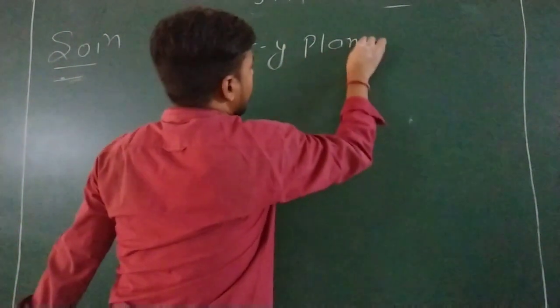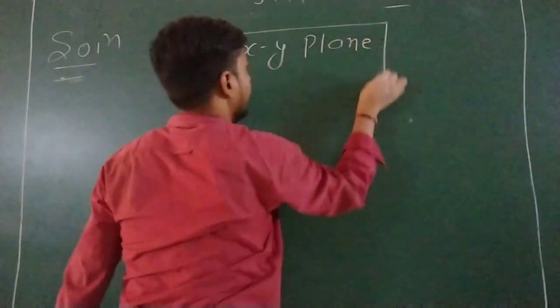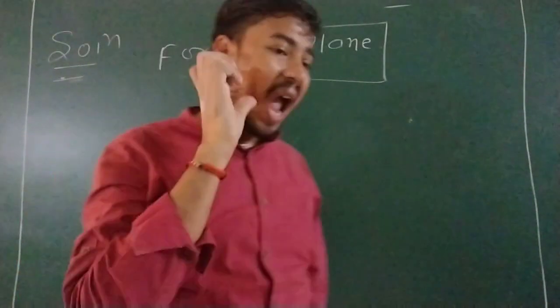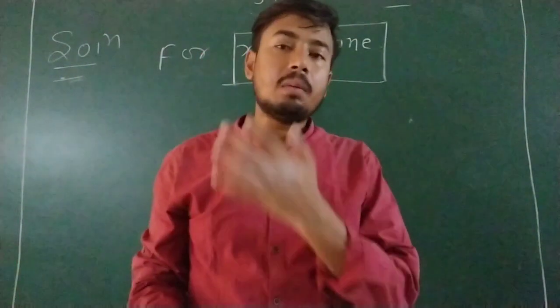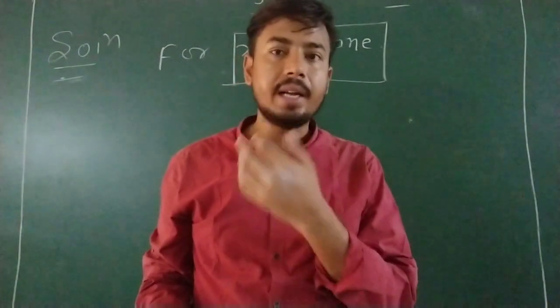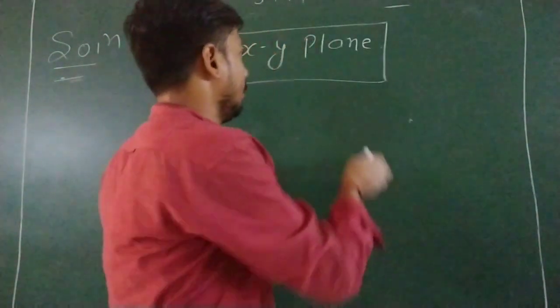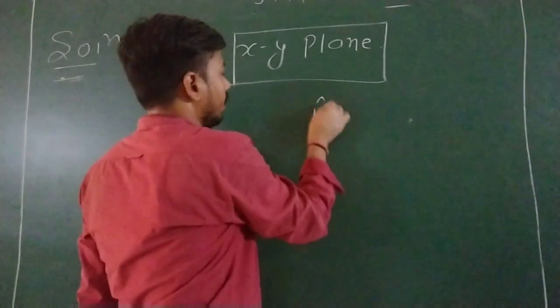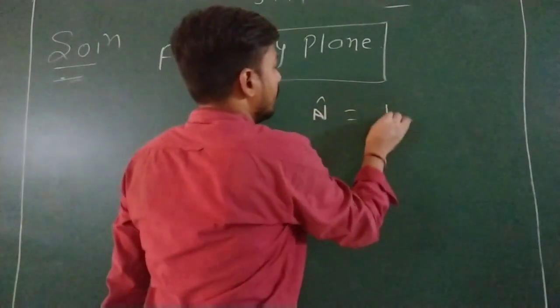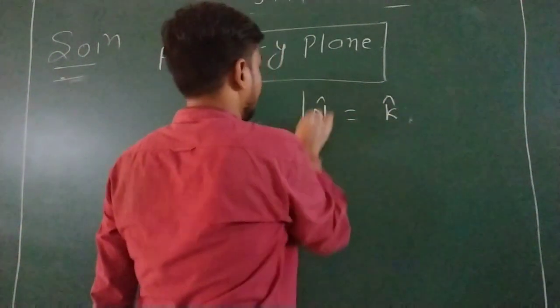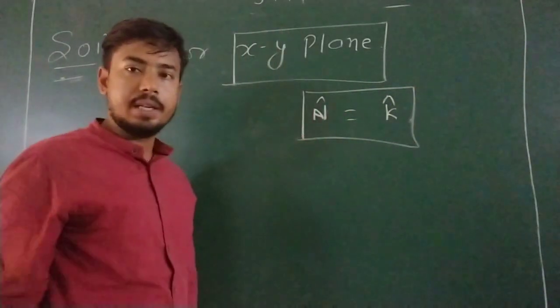Okay, my dear, just tell me, in the xy plane what will be the normal? Z, right? So we took here Z cap. So n cap becomes here k cap, unit vector, right?